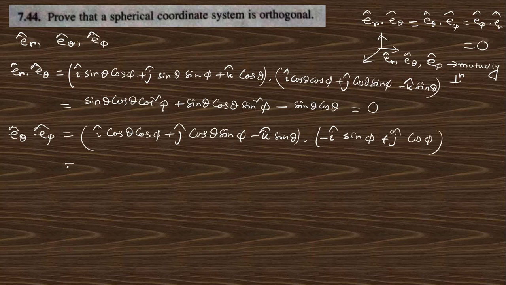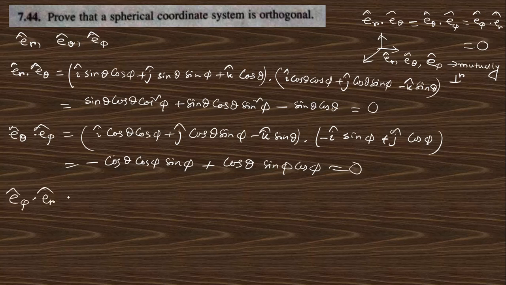So I dot I gives you minus cos theta cos phi sin phi, and j dot j gives you cos theta sin phi cos phi. This also becomes 0.